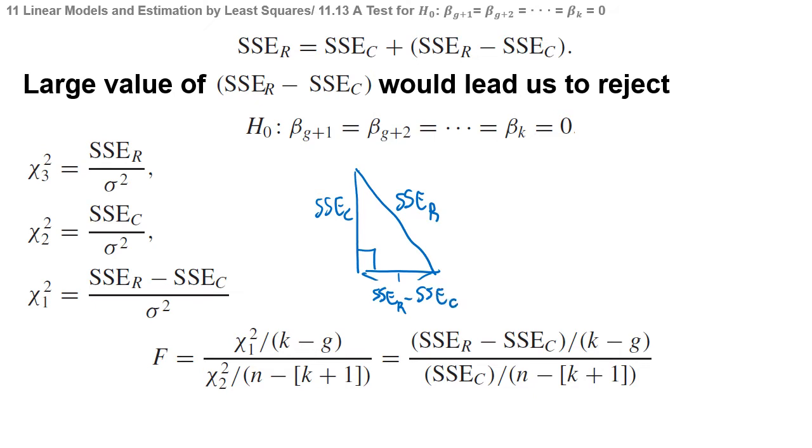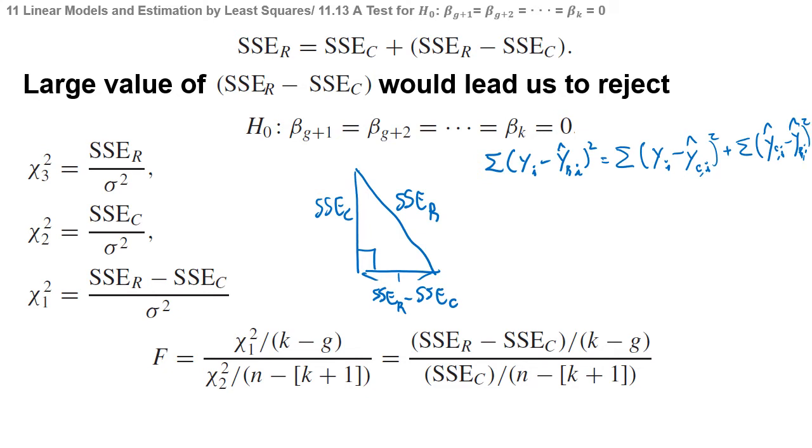And this is, in this notation, the sum of (yi minus y hat ri) squared, equal to the sum of (yi minus y hat ci) squared, the complete model, plus the sum of (y hat ci minus y hat ri) squared, the complete minus the reduced. So this is the derivation.